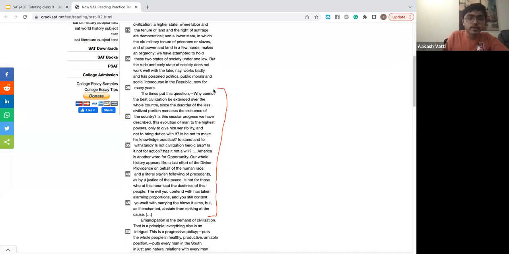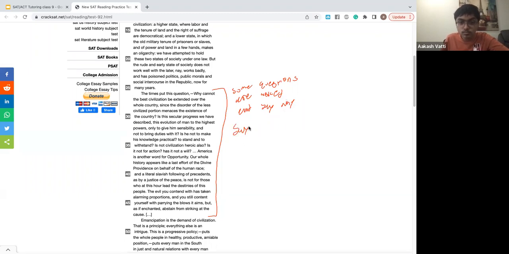So this paragraph, basically, some questions are asked, and saying why for all of this.